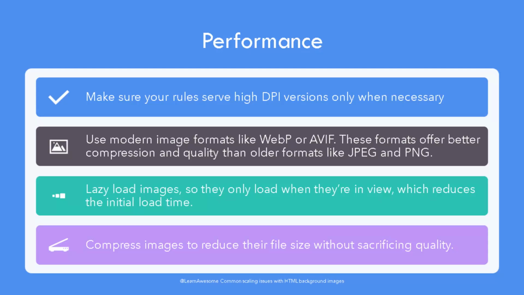There's also an option to lazy load images, which is generally associated with normal images, not background images, but there are a few ways to do so. I apologize, we can't go into details of how to do that here, but you can look it up. There are specialized libraries to do so. And finally, you can compress images to reduce their file size without sacrificing quality.